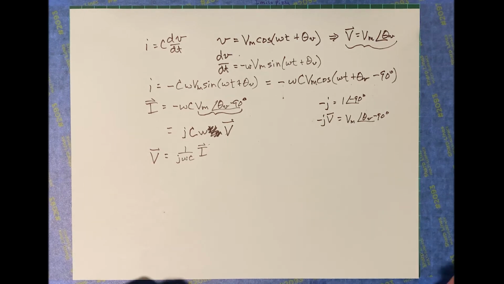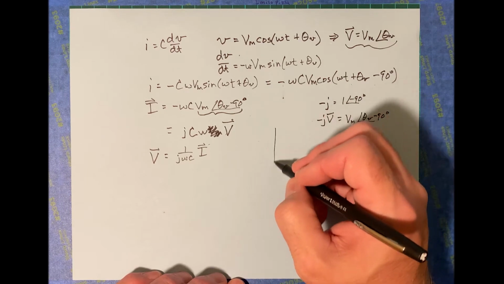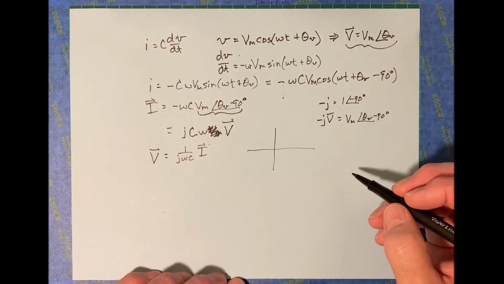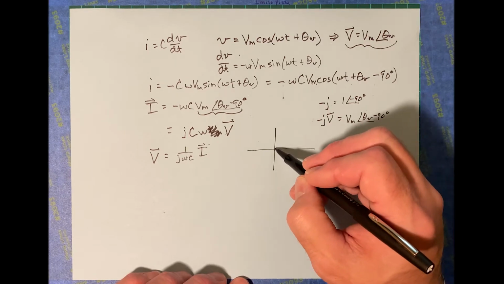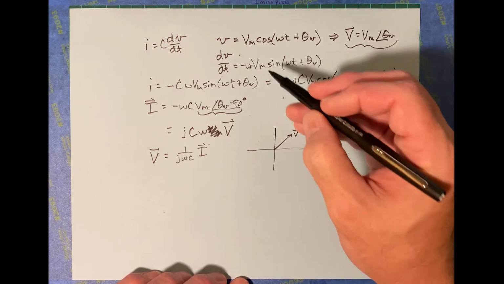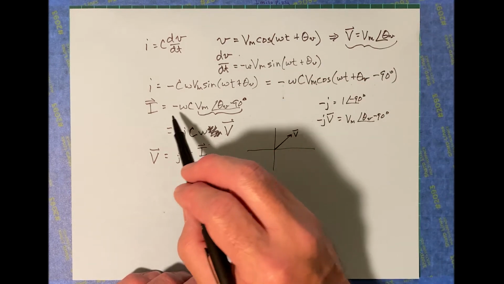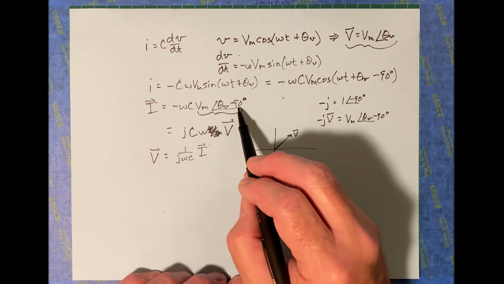Now, if I did the same sort of plot here of V and I, then what I would discover is that if I start off with my V and then plot my I, you see the I is going to be theta V minus 90 degrees.